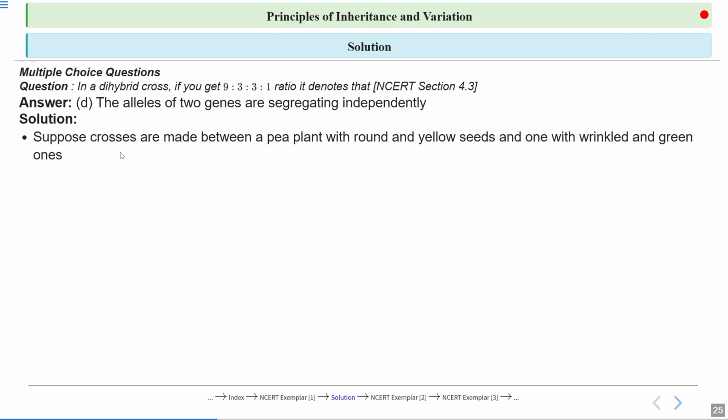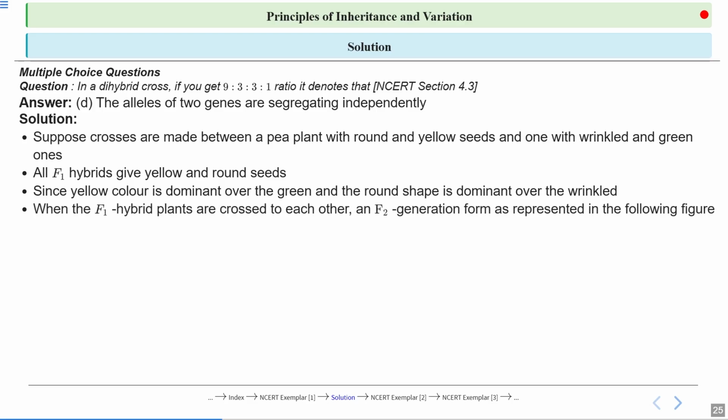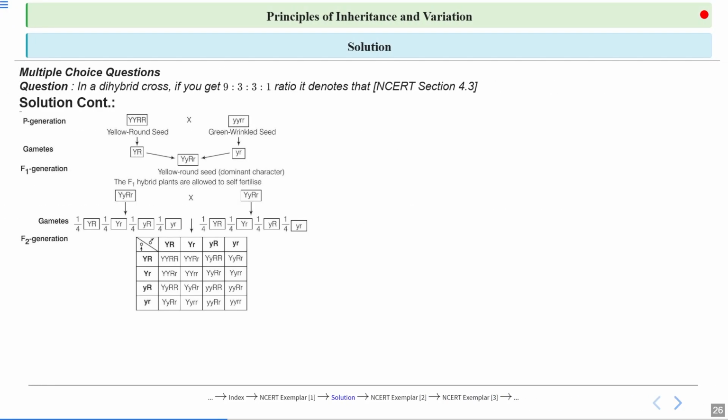Here 2 characters are taken into consideration: seed shape and seed color. F1 hybrids are yellow and round because both of these are dominant phenotypes. Then you can do the selfing of the F1 generation and you will get the F2 generation.